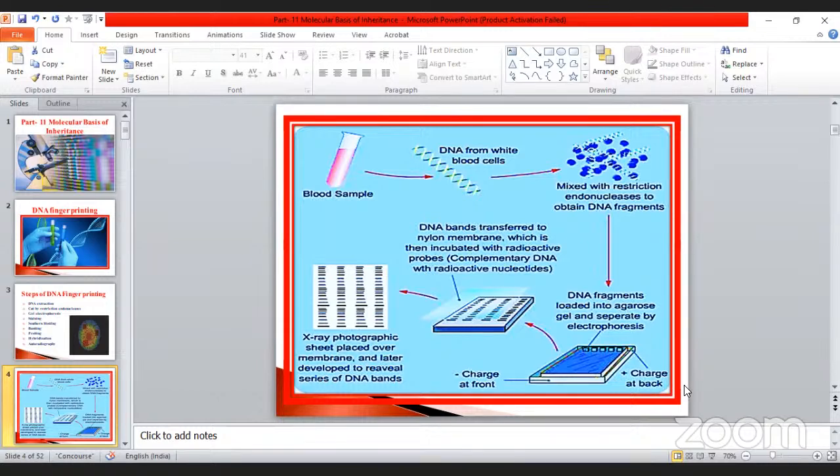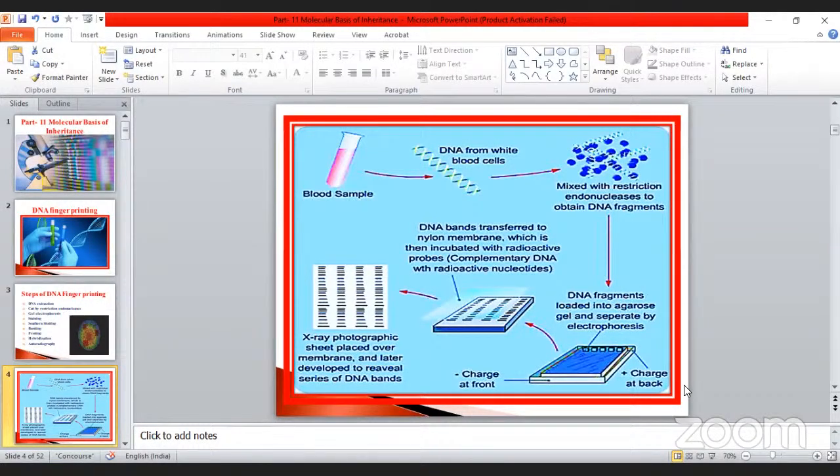Finally, on the nylon membrane, the migrated DNA molecules adhere to the sheet. Then we collect the sheet from the gel electrophoresis. Then it can be examined under X-rays, with the help of ethidium bromide as well as ultraviolet rays.